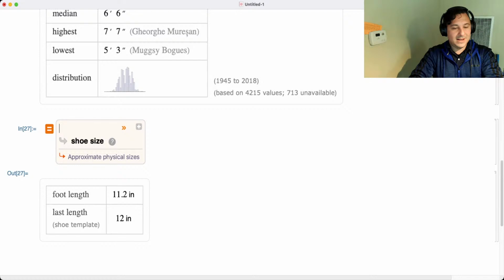Okay, I'm going to just find the average weight of NFL players. Average weight NFL players. Apparently someone did a stats project about this. Okay, cool. I'm looking for the results.